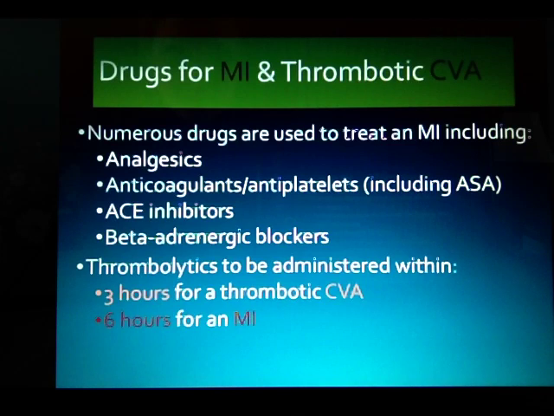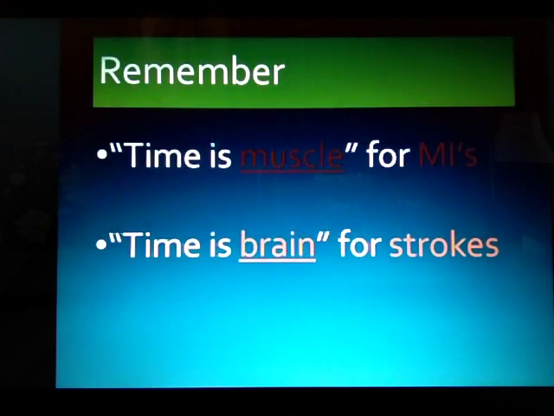So that's why with the brain we have a shorter window to give the medication. With the heart, we have a little bit more leeway. A good thing to remember is that time is muscle for MIs and time is brain for strokes.